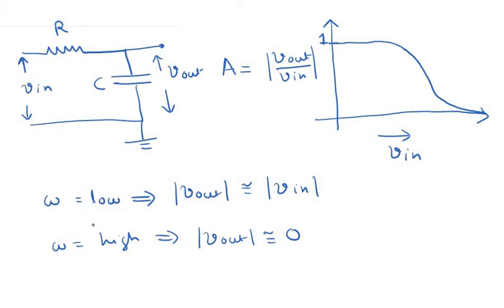It is allowing, or choosing, the low frequency components of the signal to deliver at the output. So this basically acts as a low pass filter. So this circuit acts as a low pass filter.